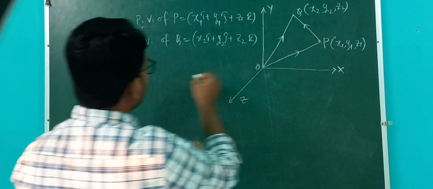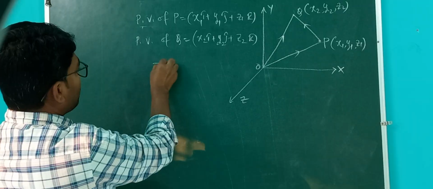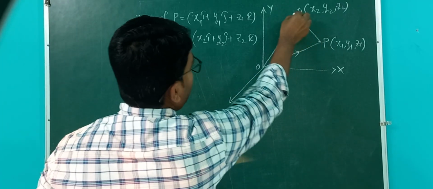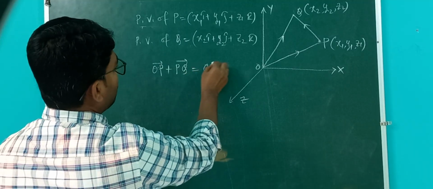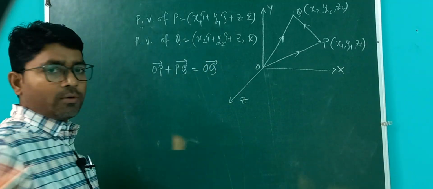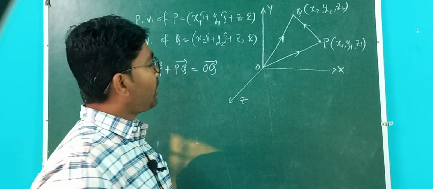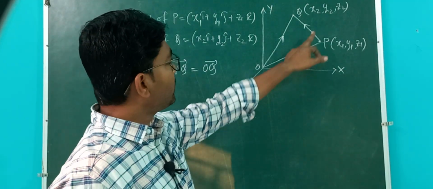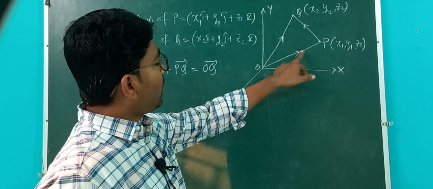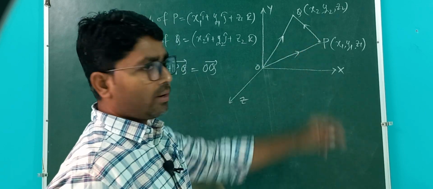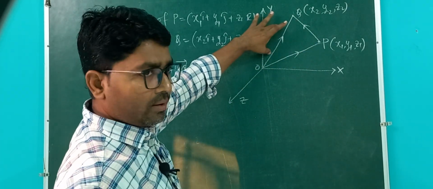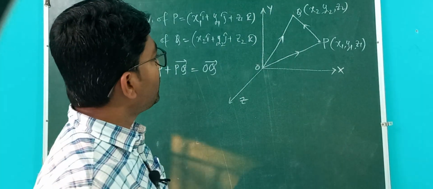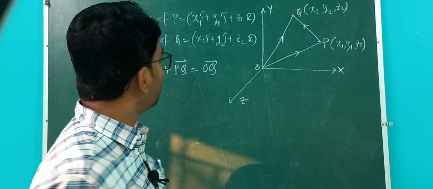This vector OP plus PQ equals OQ. This comes from the triangle law: any two vectors which can be represented by two sides of a triangle in the same direction, then the third side taken in the opposite direction will represent the sum of the two vectors.